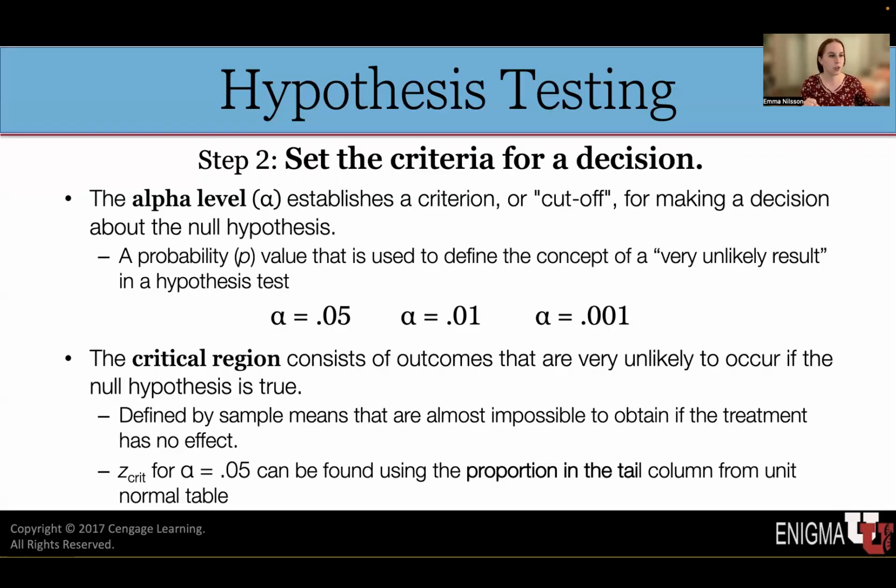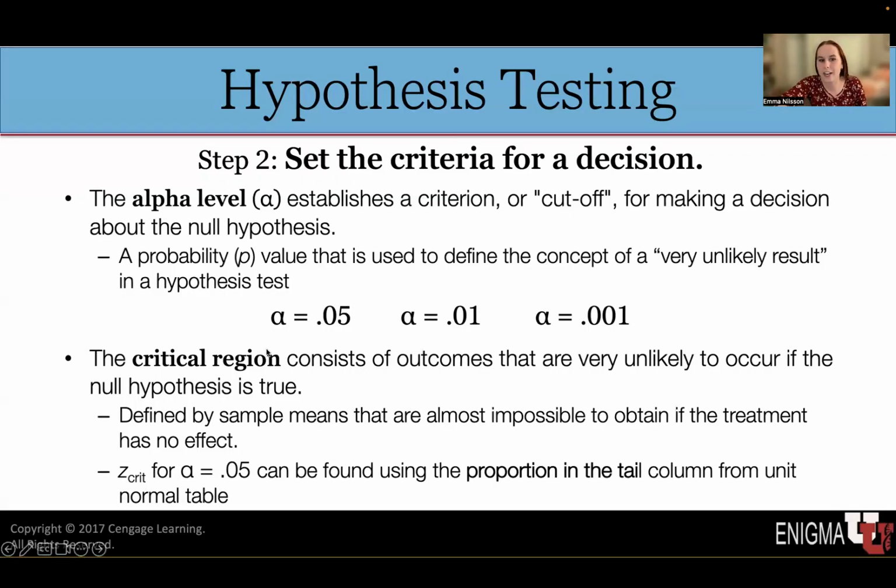For example, if we selected alpha equals 0.05 as our alpha value, that means we're going to separate the most unlikely 5% of the sample means, the extreme values, from the most likely 95% of values in the middle. And those extremely unlikely values, those 5% on the outside, make up what we call the critical region.